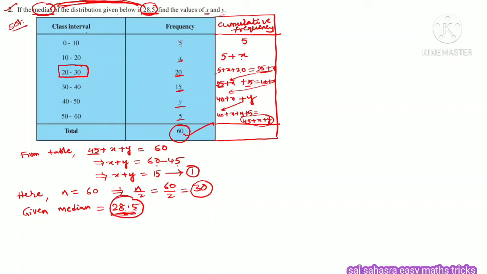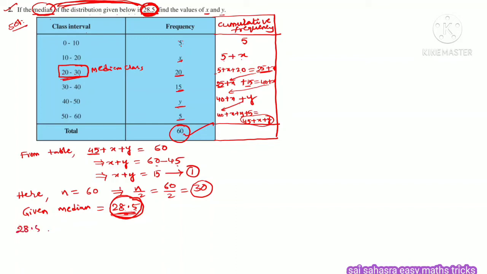So this median is given to us, already given in the question. So median lies in median class. That's why 28.5 lying in between which two numbers, that is called median class. So that median class will be 20 to 30.